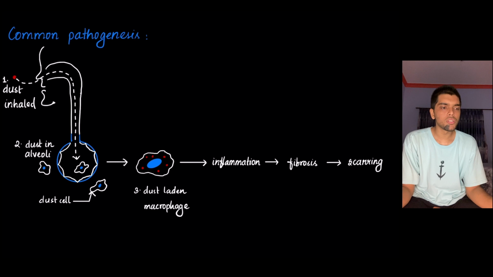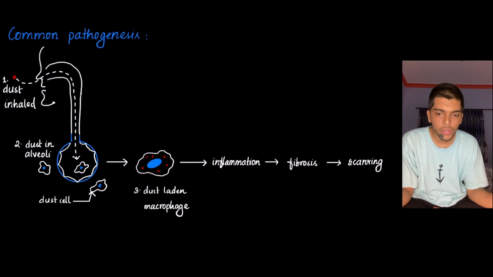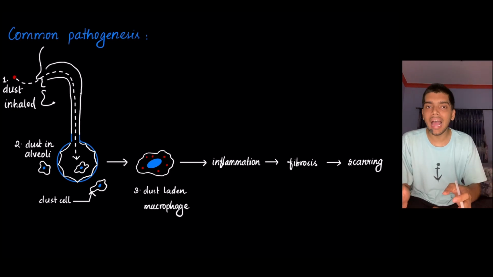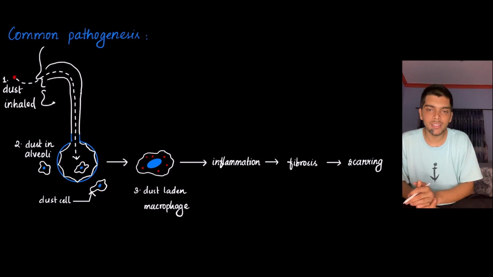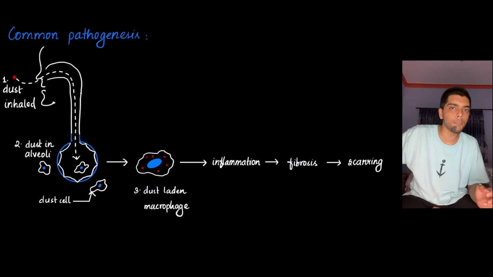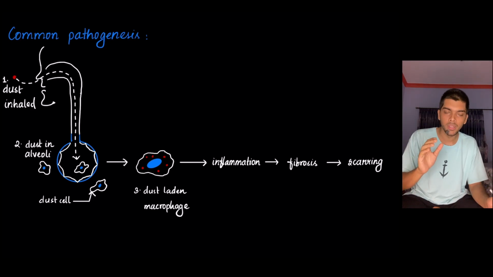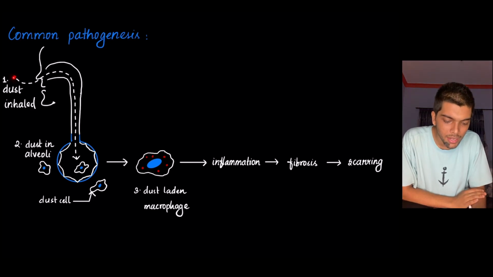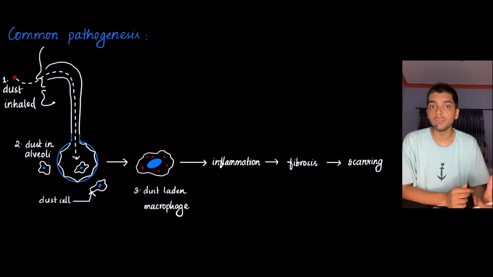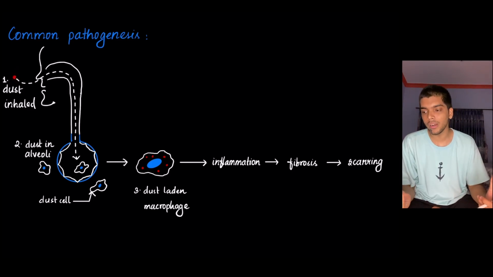Be it silicosis or coal worker pneumoconiosis or asbestosis, the good thing for you is that they all have similar pathogenesis. There is a common pathway, and this is how it takes place. First, you have the dust particle itself, which is either coal causing coal worker pneumoconiosis, silica causing silicosis, or asbestos causing asbestosis.